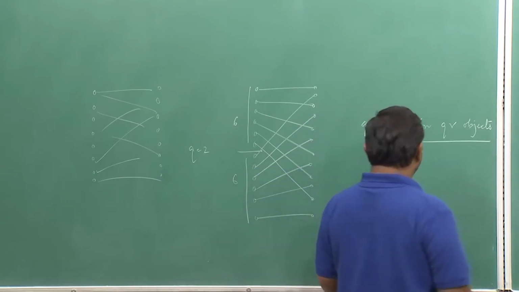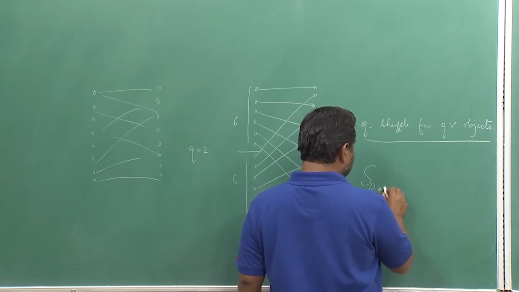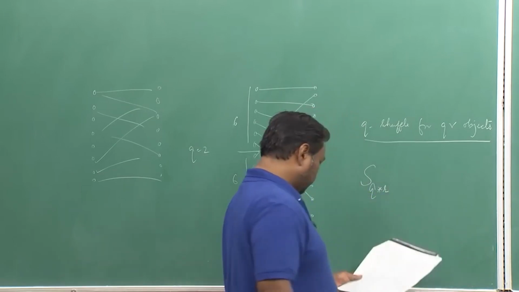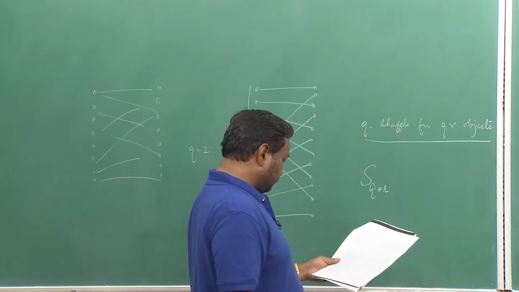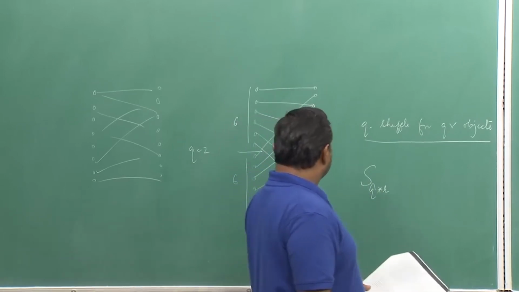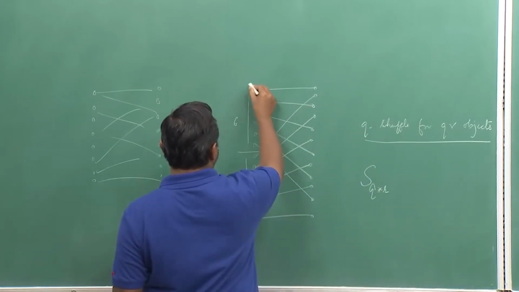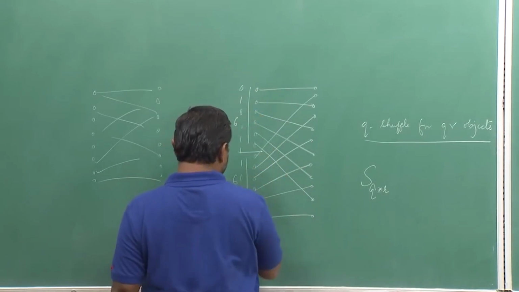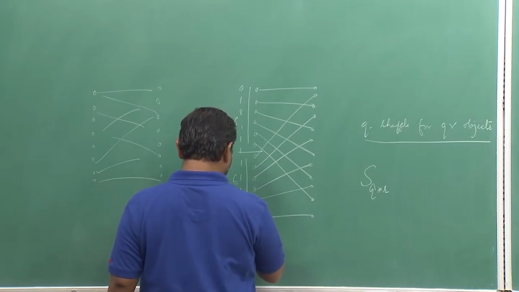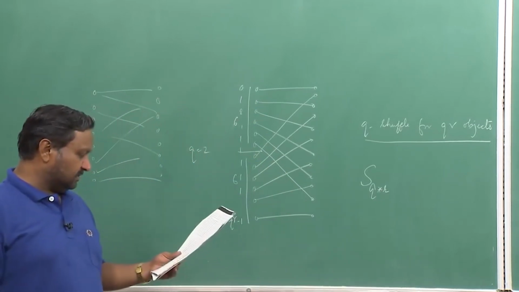We will define this Q shuffle as shuffle QR, and the entries for these QR objects will be indexed 0, 1, 2 and so on, until the last one, which will be QR minus 1. That is how we will be indexing the entries.